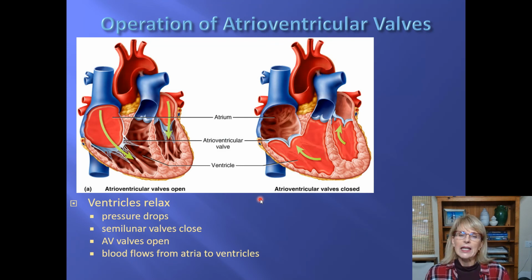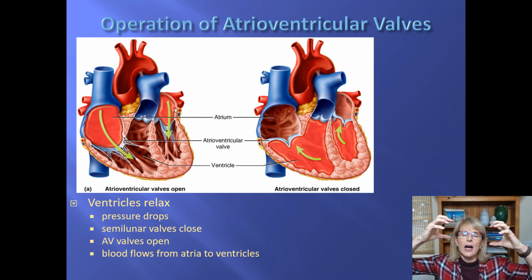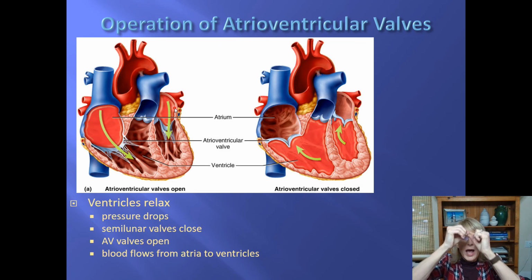So now this is a set of slides that explains something in words. And it's funny to me how sometimes when we try to explain something in words, we make it harder to understand. But I want to make this point, that blood will move from the atrium to the ventricle when the right atrium or left atrium contracts.